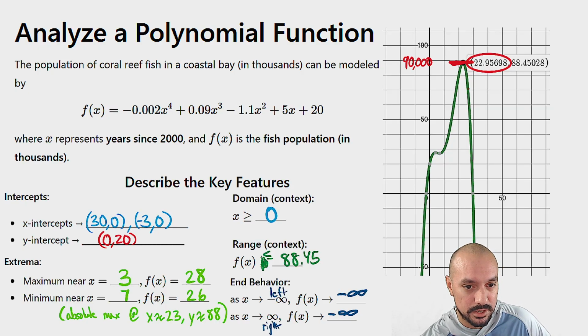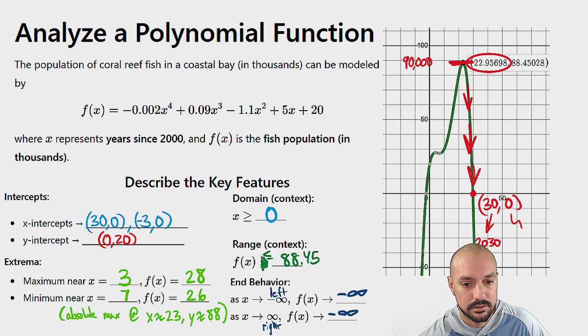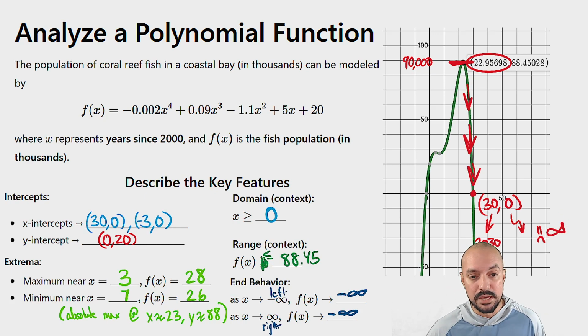And then from there, something's going to happen, and there's going to be a massive decline in the population, all the way to where by the time we get to 2030, we are not going to have any fish left. Maybe that's because they predict there's going to be some type of climate crisis. Maybe we don't expect the ecosystem to last past that point. I'm not sure. But we are able to extract all this information from the graph.